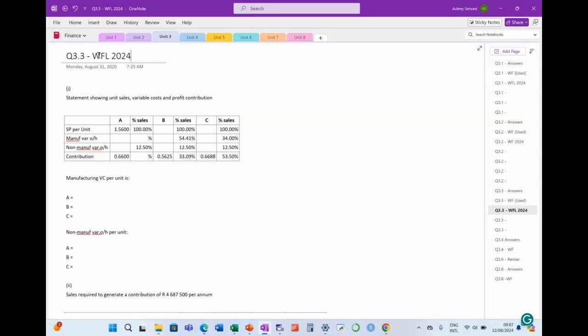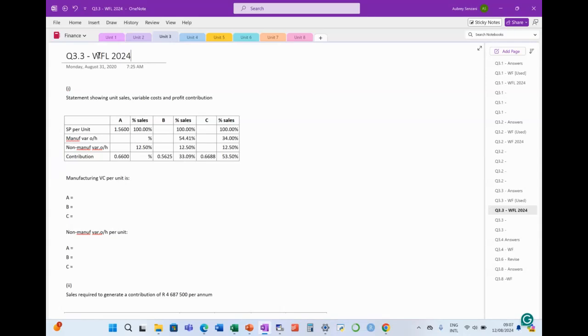Non-manufacturing overheads include costs which vary with activity at a rate of 12.5% of the sales value. Right. Anything else they've given us? No. Okay. So let's get into this.